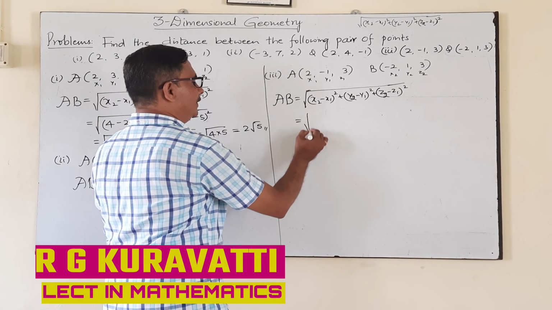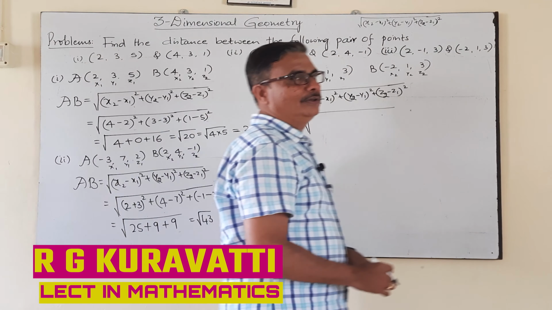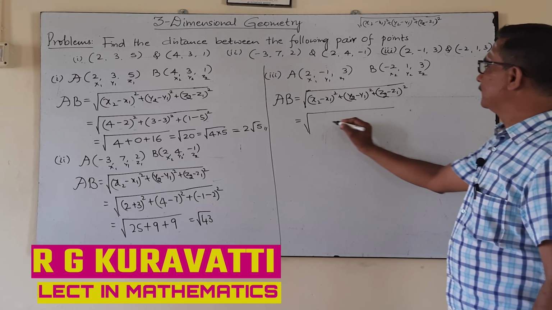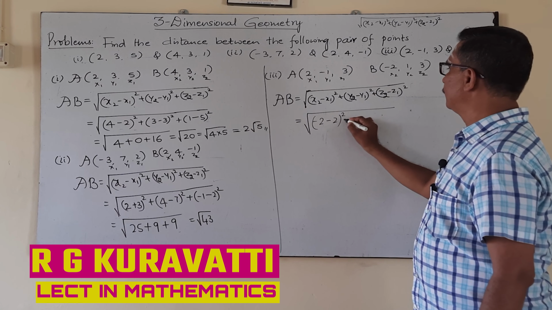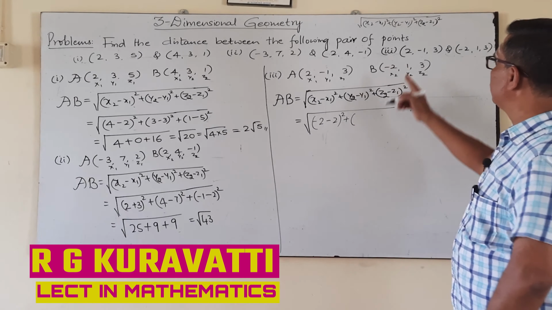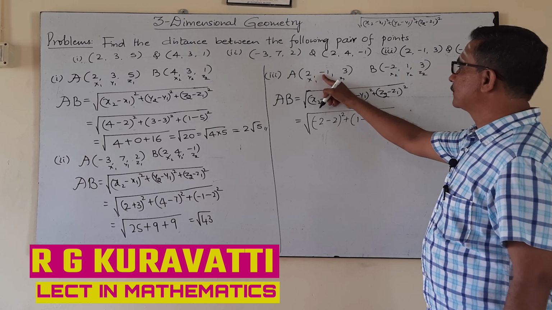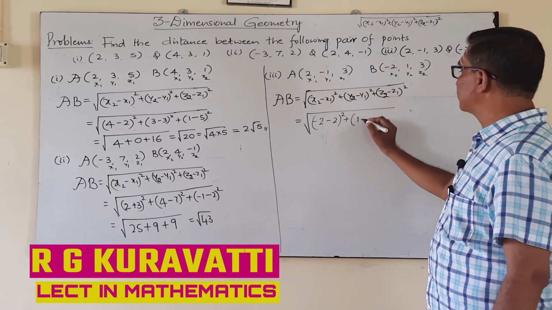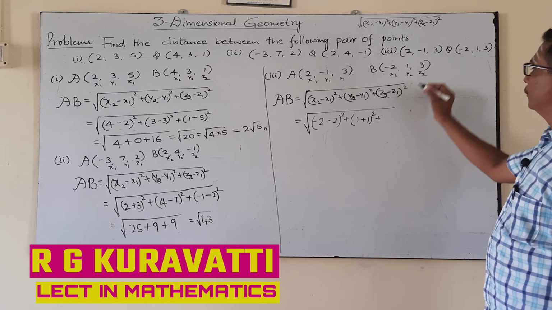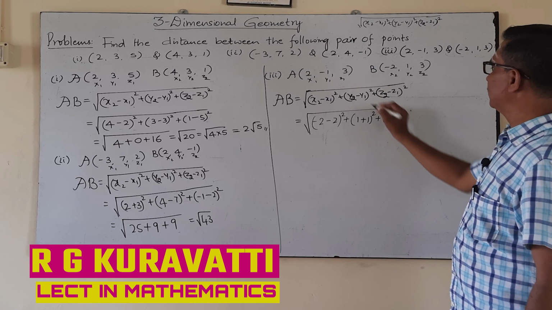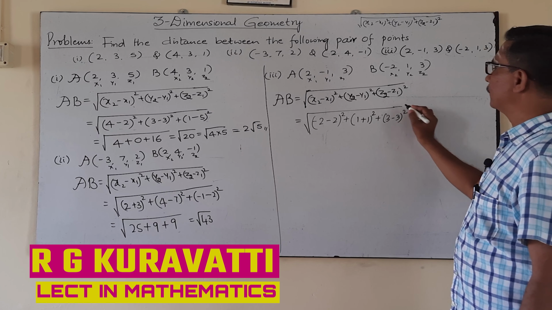Substituting the values, root of, what is x2? x2 value is minus 2 minus x1 is 2, to the power of 2, plus y2 value 1 minus y1 is minus 1, that minus into minus plus 1, to the power of 2. z2 value 3 minus z1 is 3, to the power of 2.